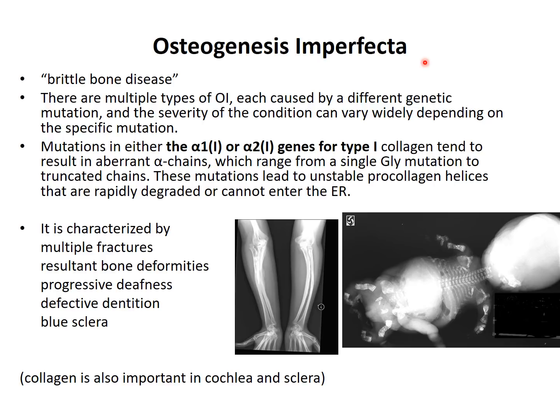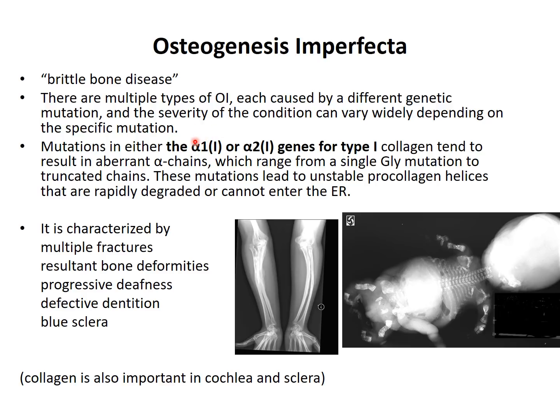Another set of disorders, which I will supply you with an additional lecture material, is osteogenesis imperfecta, and it is typical of type 1 collagen disorder. So just a couple of words, it is also called brittle bone disease, because you remember type 1 collagen is the collagen in the bone.